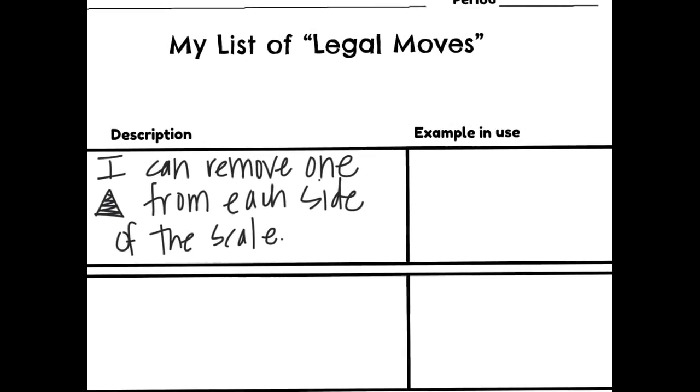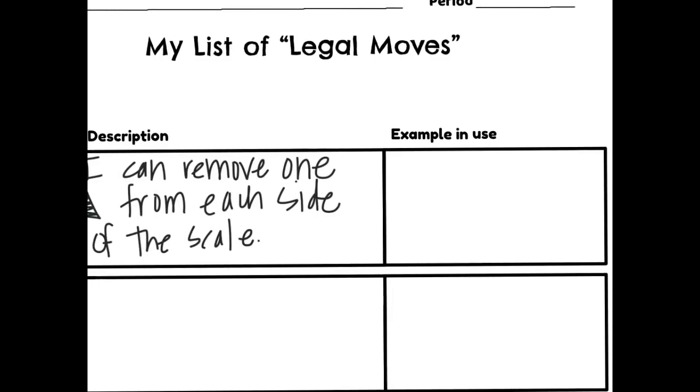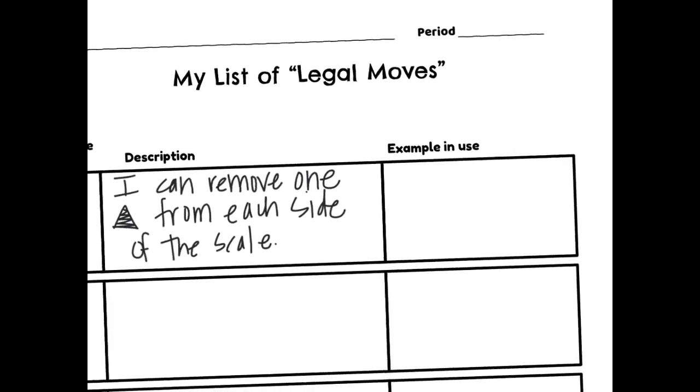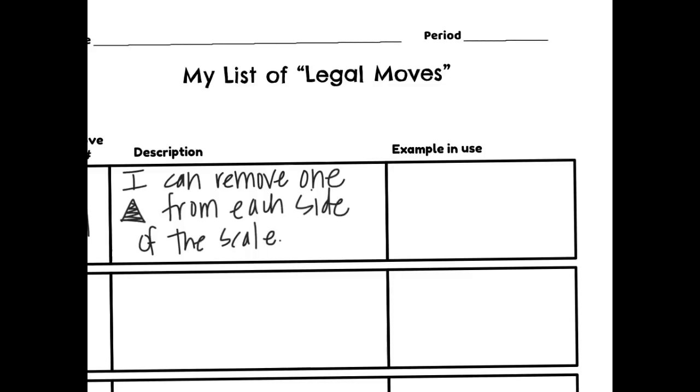And then move over. We are going to create an example that represents what this looks like in real life. So when I think about this move, I'm going to record a problem. 4x plus 2 equals 3x plus 9. Okay, and my first job is going to be that I'm going to translate this.